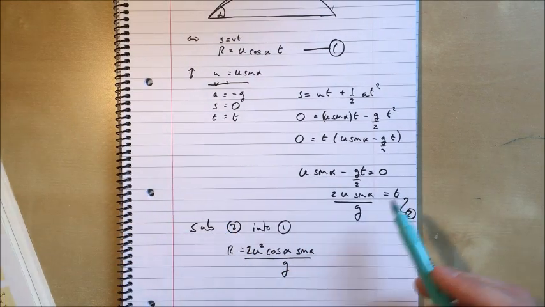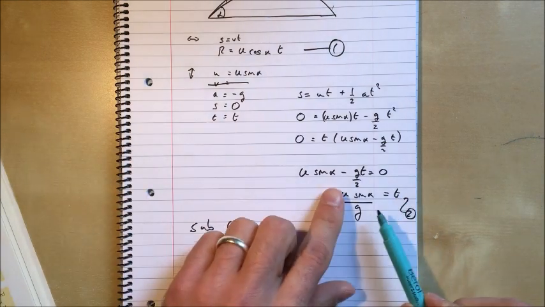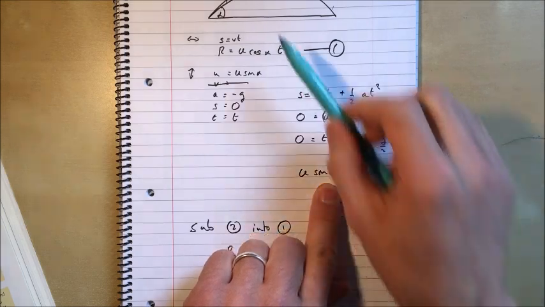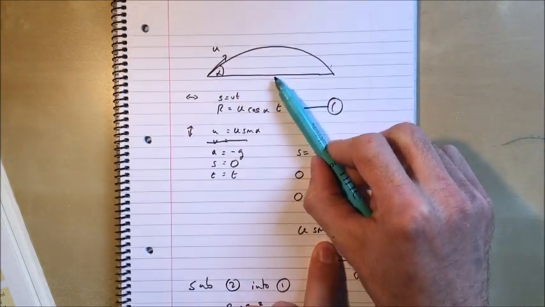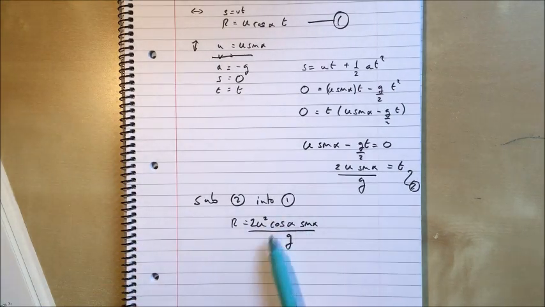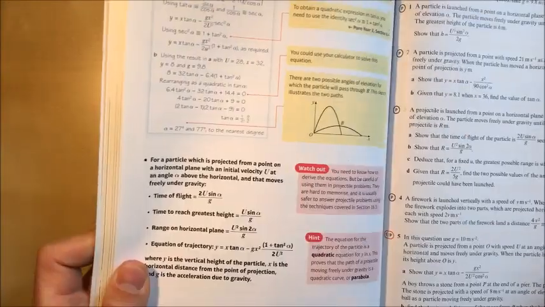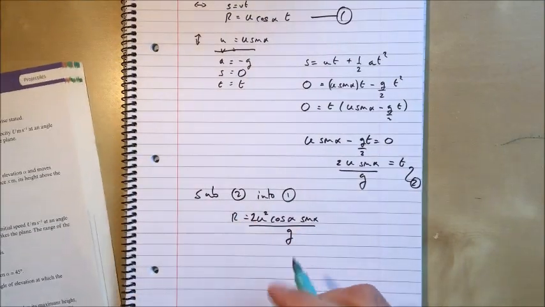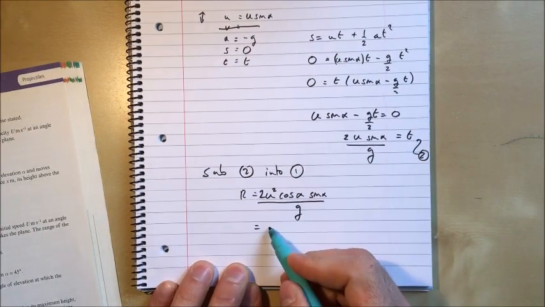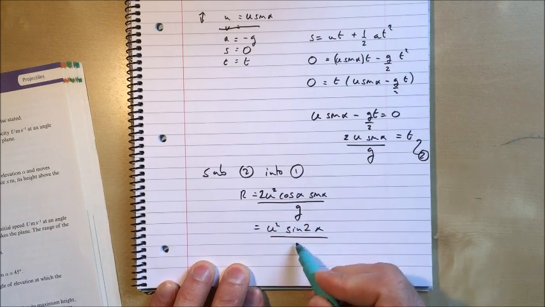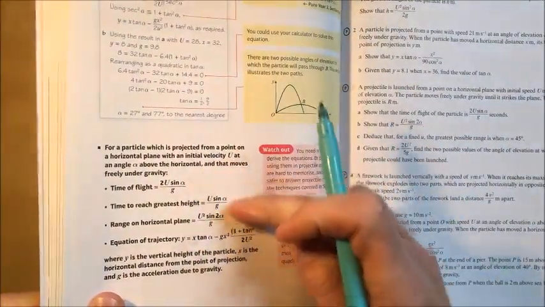So there is, from here, the time of flight for the whole thing is 2u sine alpha over g. Take the 2 off, we get u sine alpha over g is the time it takes for half the flight, i.e. to get to the top. And r equals this thing. So we are 3/4 of the way there. Oh, sorry, 2 cos alpha sine alpha is sine 2 alpha. So finally we're there, which is the first 3 of our formulas there.